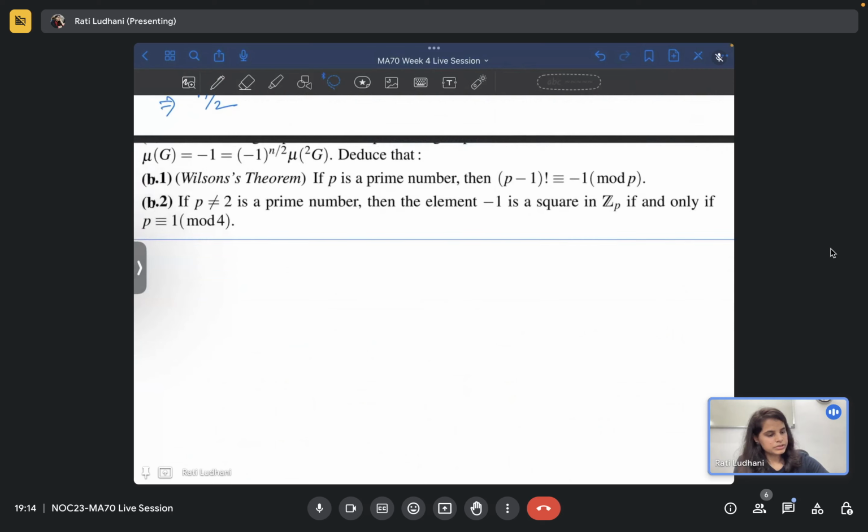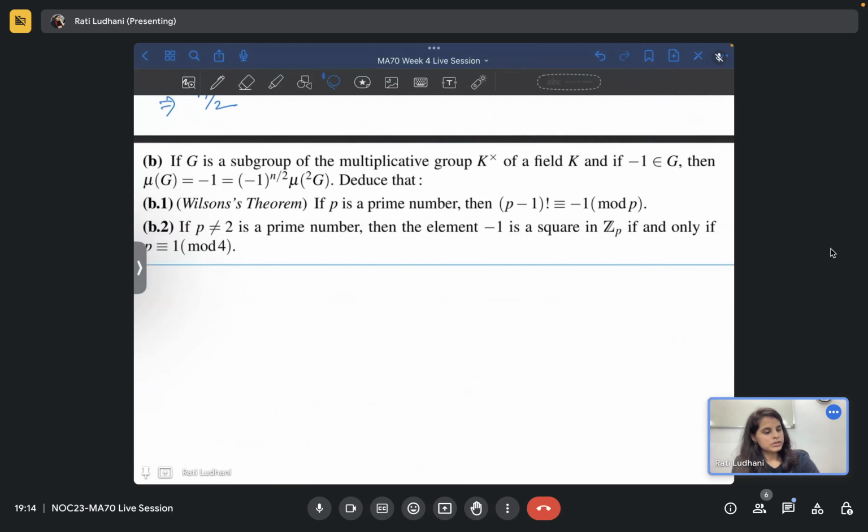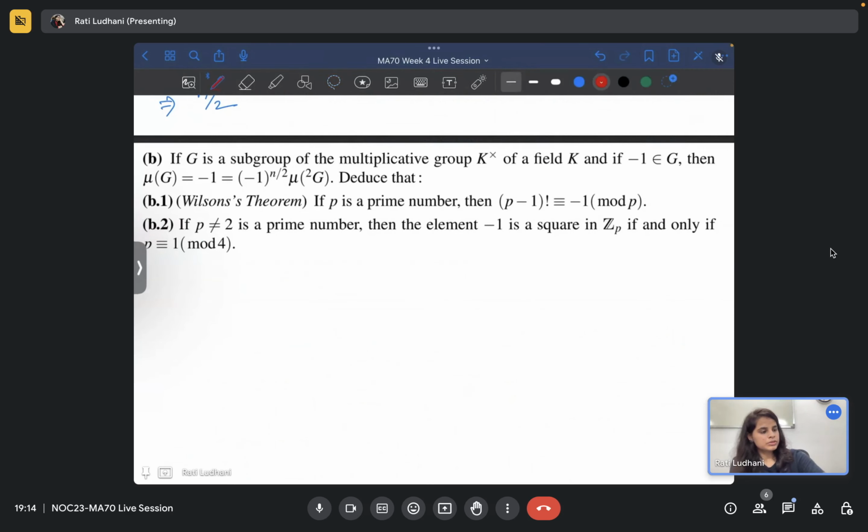Okay, we need this now. It is given that p is a prime number, so we have to deduce this. Assuming this, we have proved a and b. Using this, we need to prove b1 and b2. Actually, Wilson's theorem we need to prove.